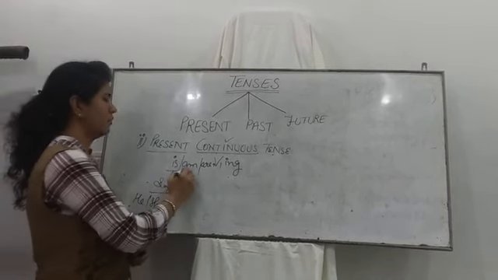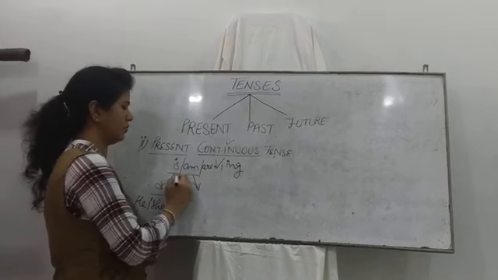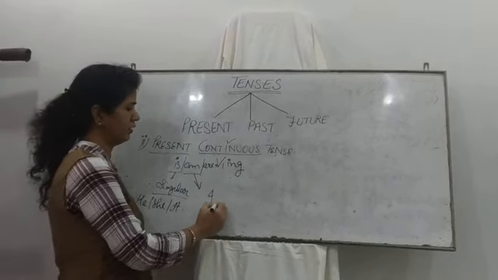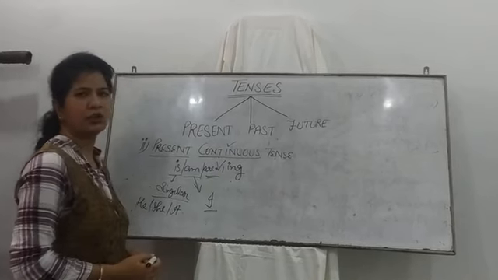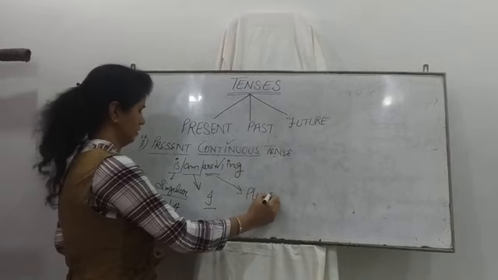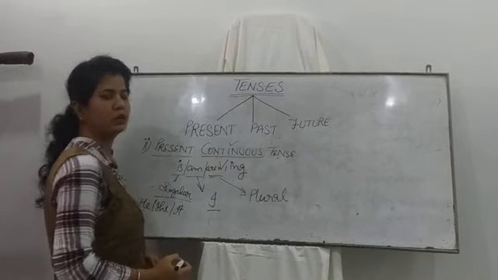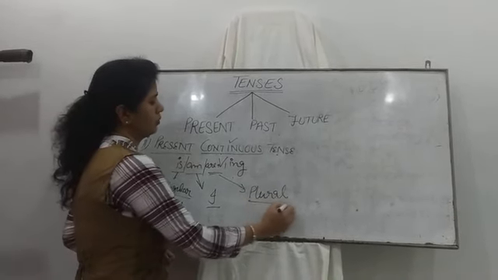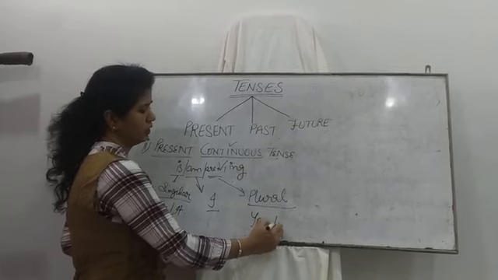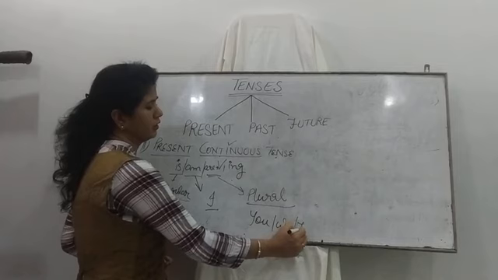Okay? And am is always used with I, and are is always used with plural nouns or plural pronouns like you, we or they.